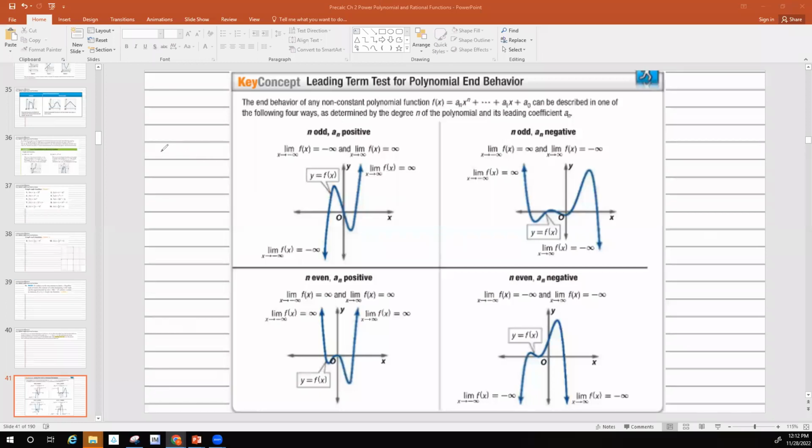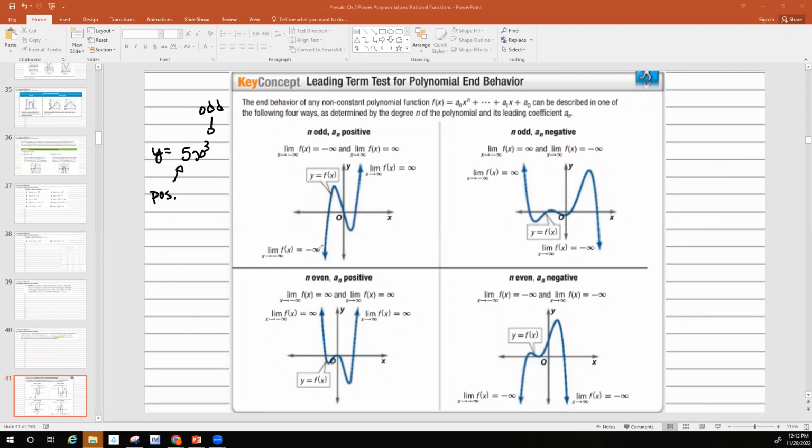An example would be y equals 5x cubed. Okay, so this is odd and the lead coefficient is positive. From left to right it goes up and then down and then up.